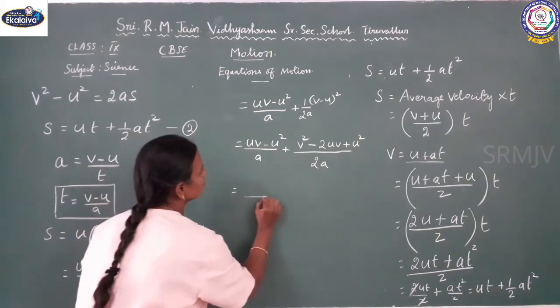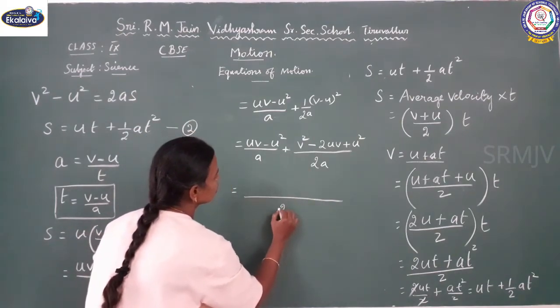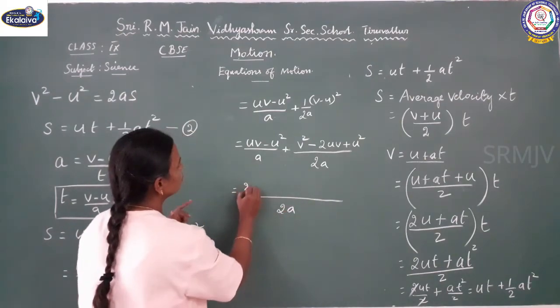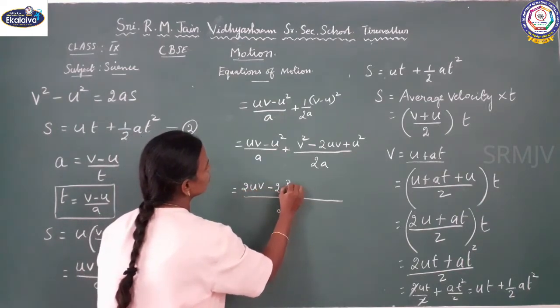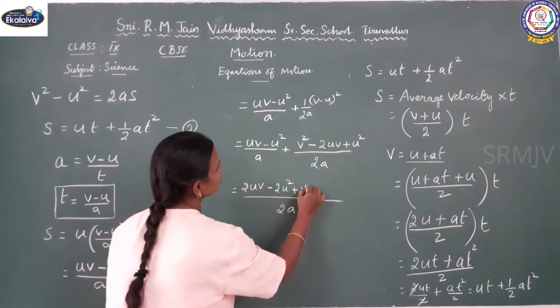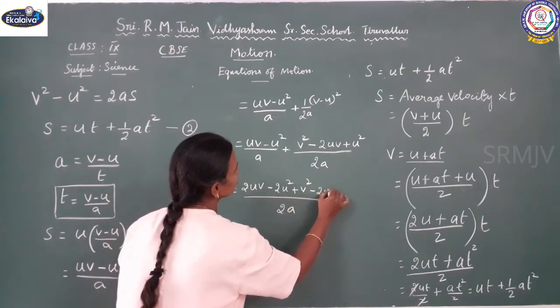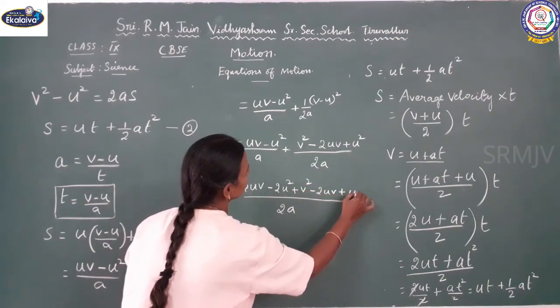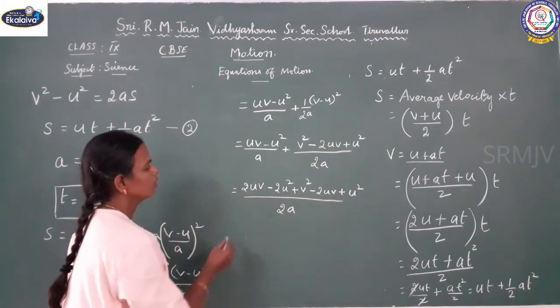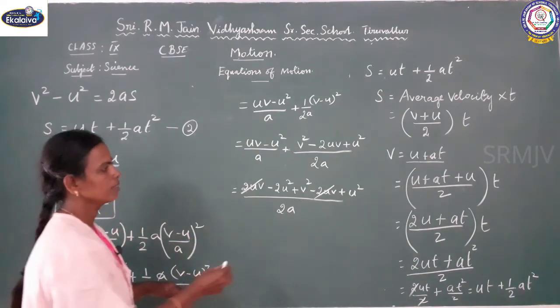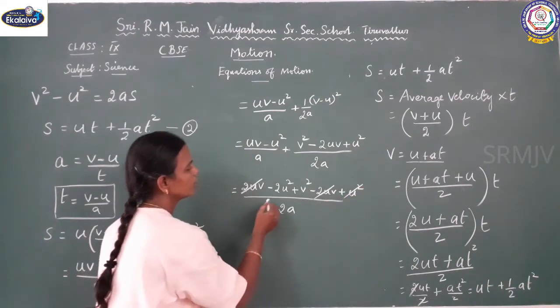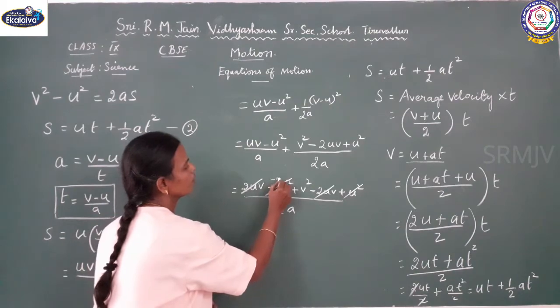Next step, 2a is common. So 2 into uv minus 2u squared plus v squared minus 2uv plus u squared. Now 2uv minus 2uv cancels. Here u squared minus 2u squared, so you will get minus u squared.